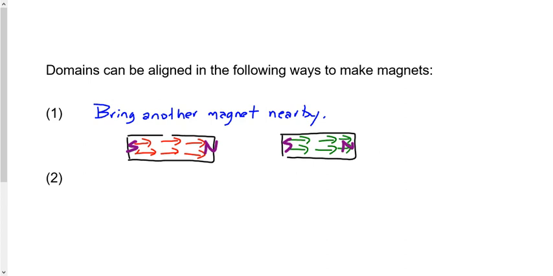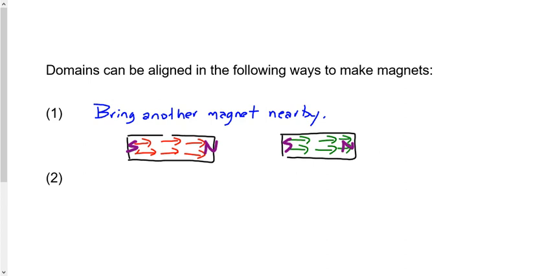We've just caused the domains in the non-magnetized ferromagnetic material to become aligned, probably temporarily, but the polarity of that thing that was non-magnetized is now such that the north pole of that will attract to the south pole of the permanent magnet. In other words, this magnet is going to attract this previously non-magnetized ferromagnetic material.